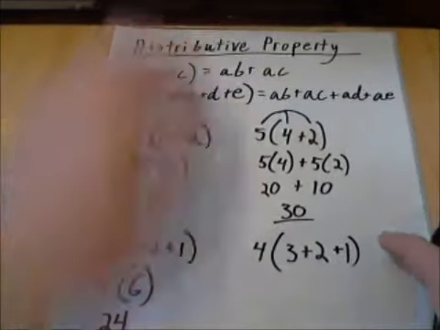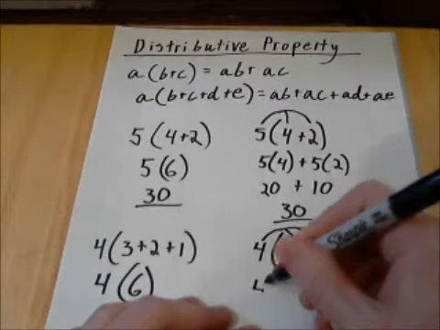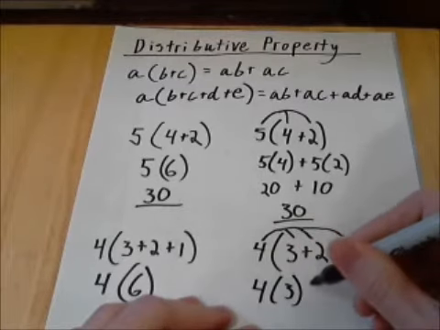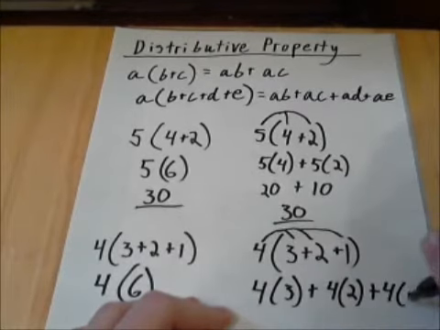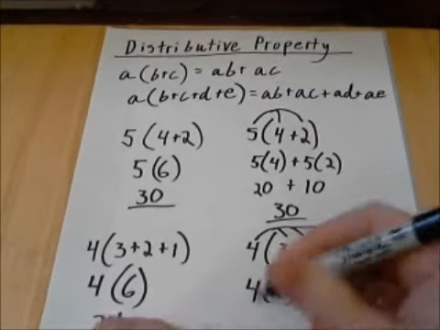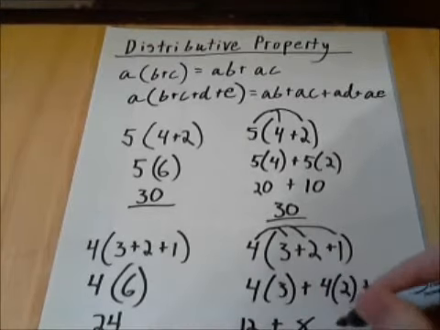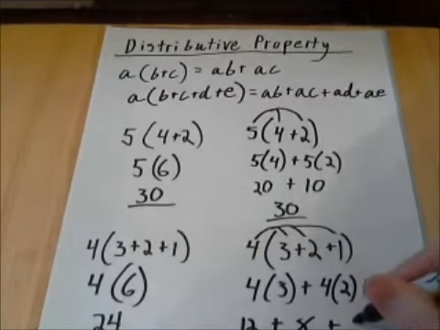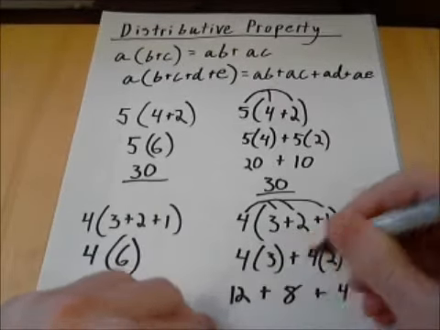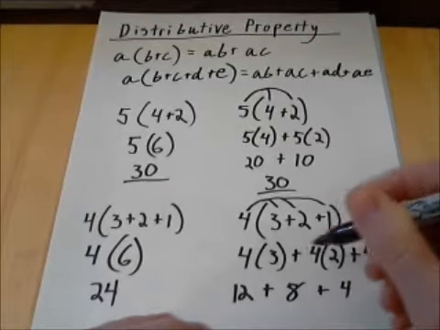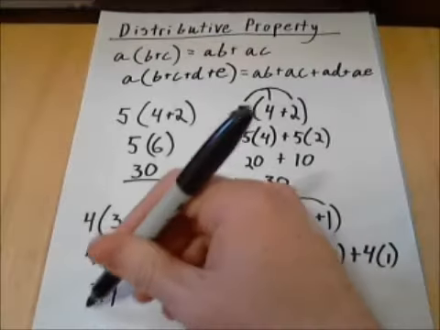So 4 times 3 plus 4 times 2 plus 4 times 1. And 4 times 3 equals 12 plus 4 times 2, which equals 8, plus 4 times 1, which equals 4. So 12 plus 8 equals 20, plus 4 equals 24. And again, they are the same answer.